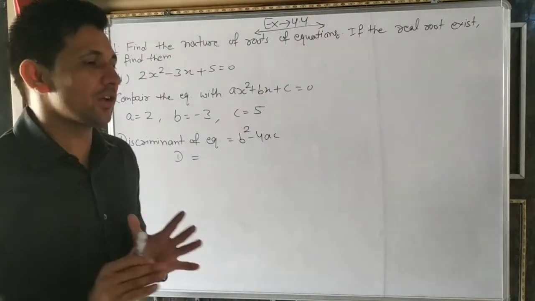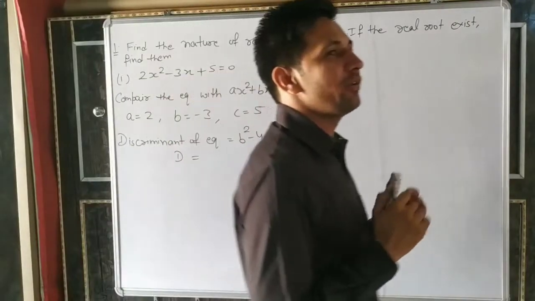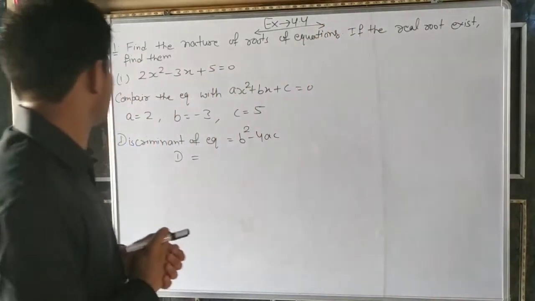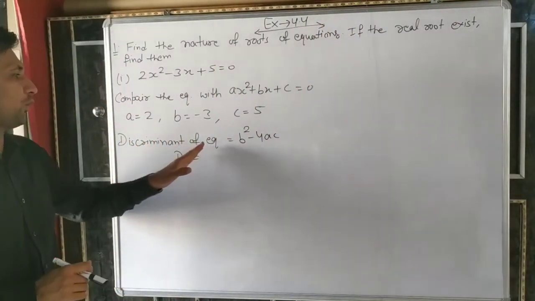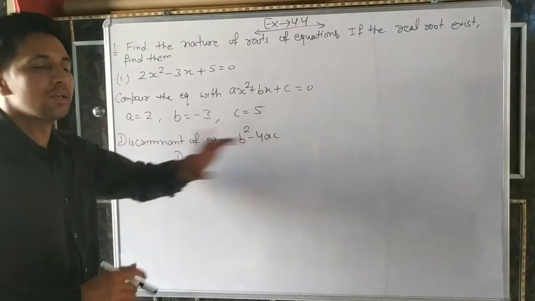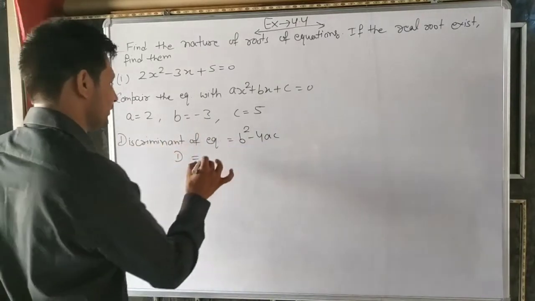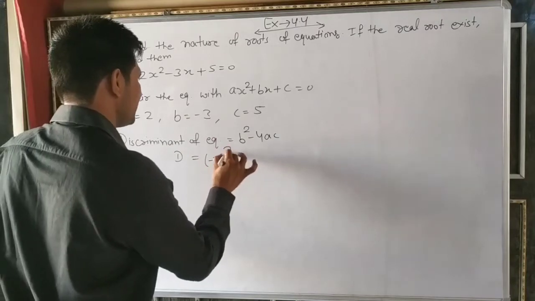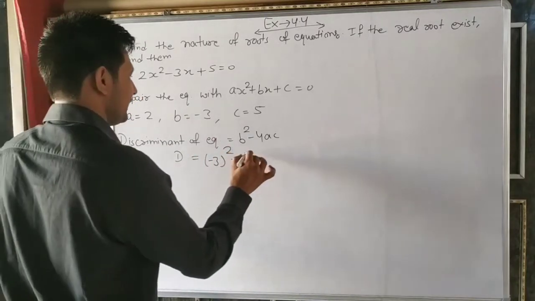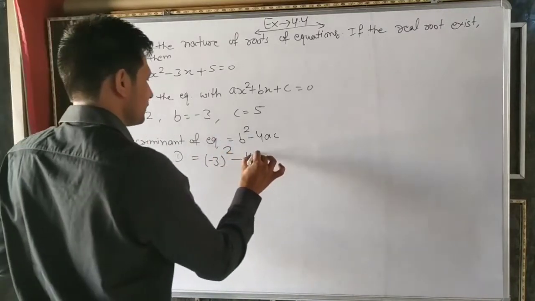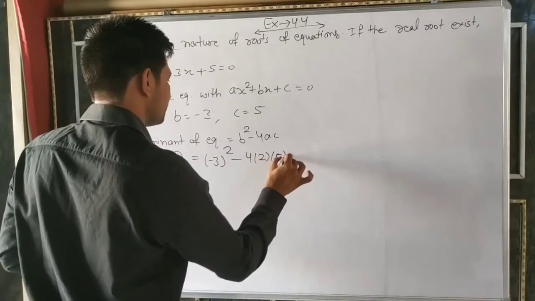So the nature of the roots, how can we find them? By using the discriminant. So what is the discriminant? The discriminant of the equation is b square minus 4ac. What is b? B is minus 3, so minus 3 square minus 4 into a, 2, into c, 5.